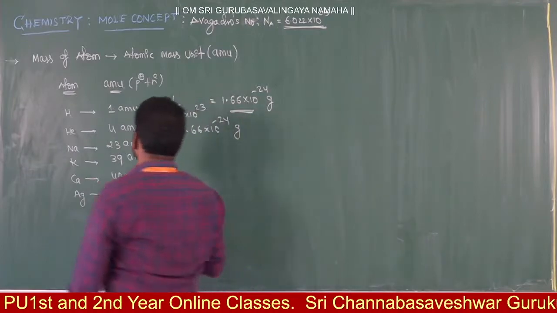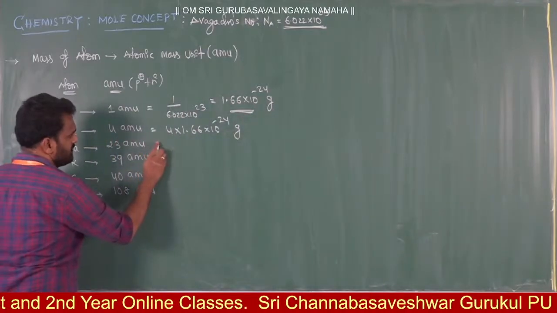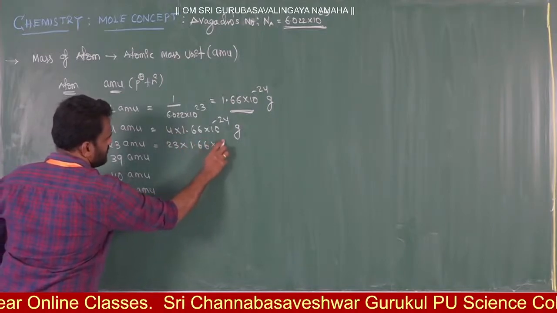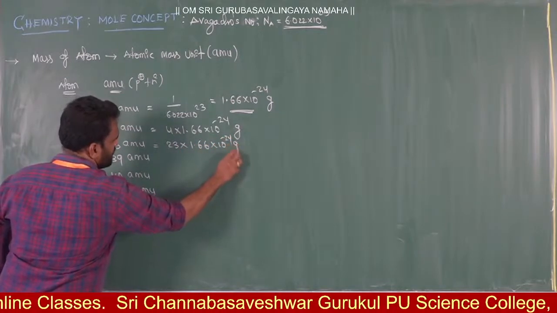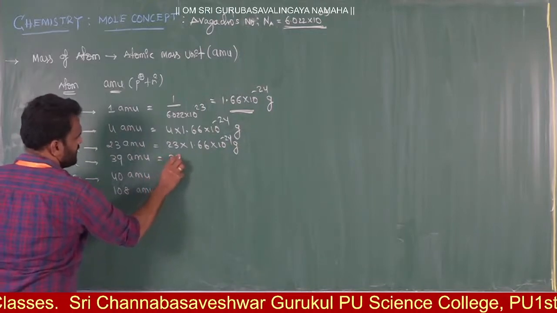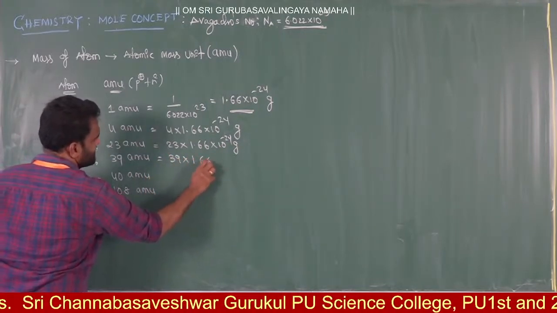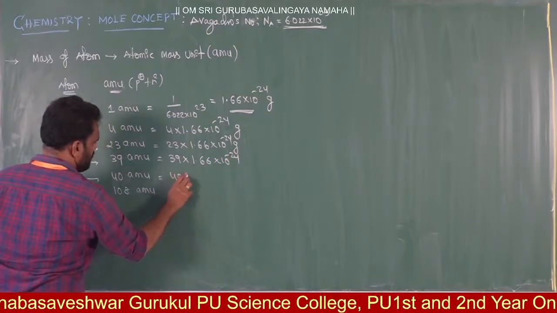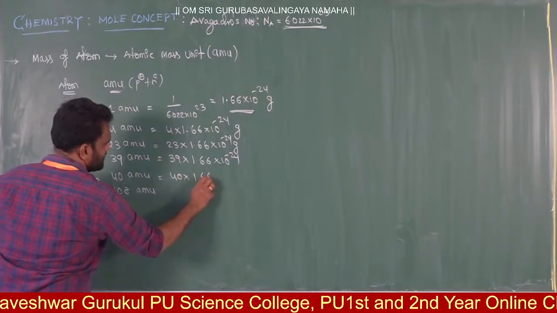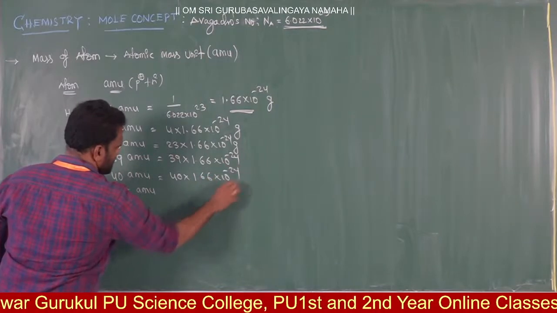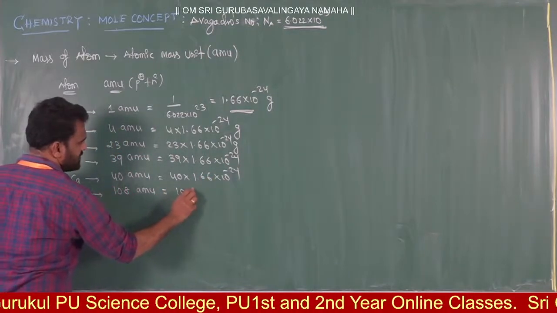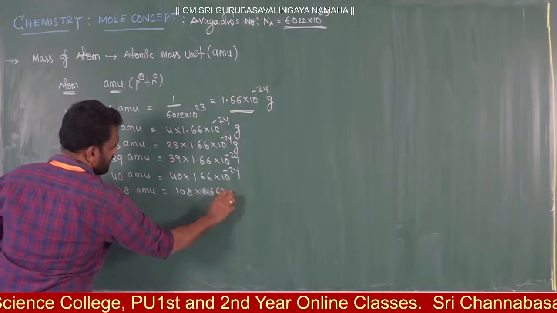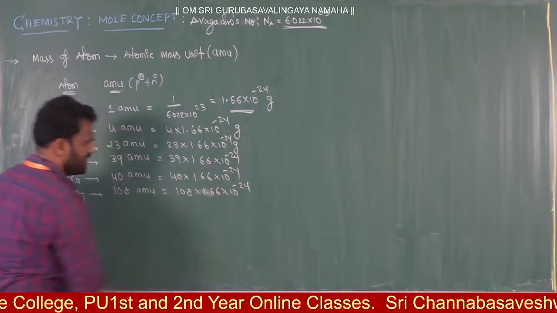In grams we can take it, which equals 23 × 1.66 × 10^-24 grams, which is equal to 39 × 1.66 × 10^-24, which equals 40 × 1.66 × 10^-24, and here 108 × 1.66 × 10^-24 grams.